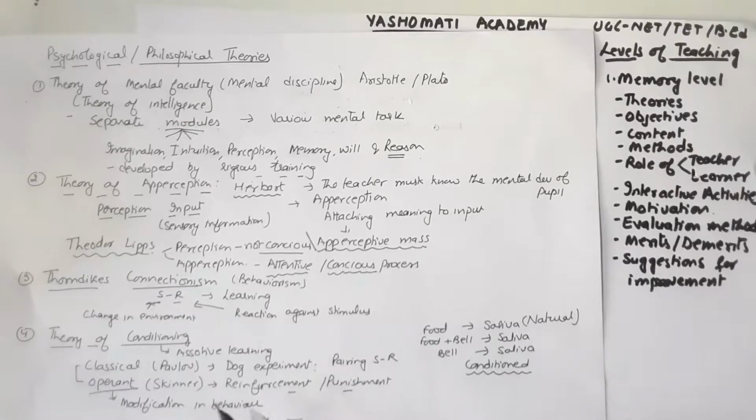And we can also make use of punishment and reinforcement so that the positive behavior can be strengthened and negative behavior can be eradicated. So all these theories make the basis of the memory level of teaching.